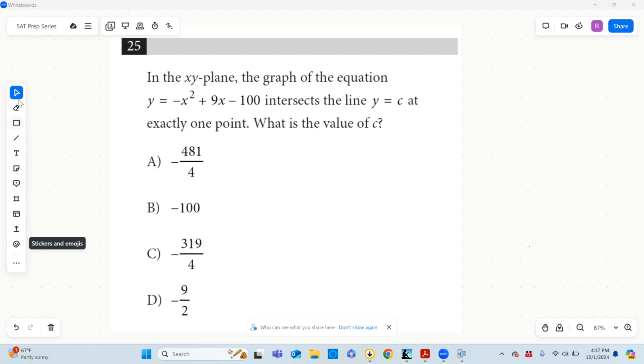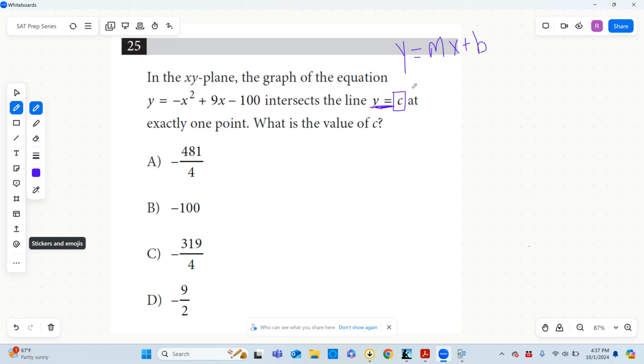So what this tells me is that if they're telling me I have some line y equals c, we can assume that c is going to represent some constant, meaning they didn't give me an equation like mx plus b.